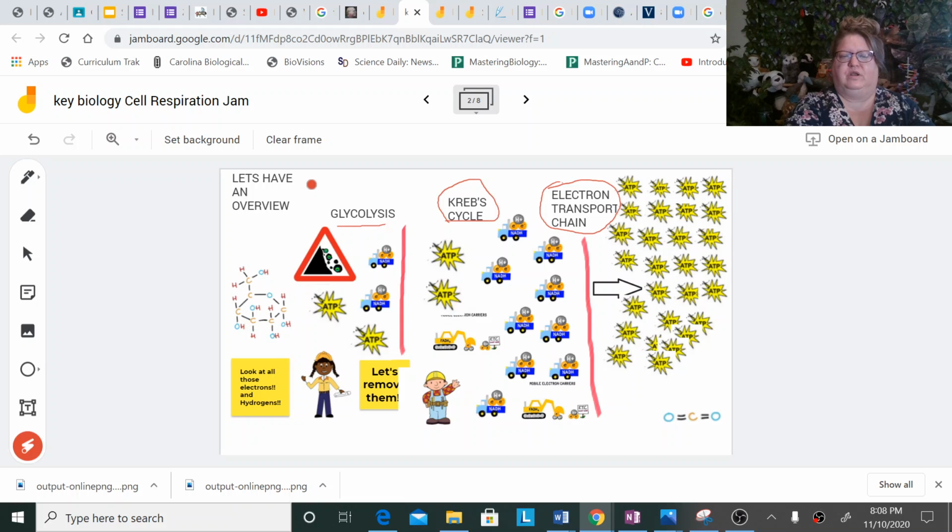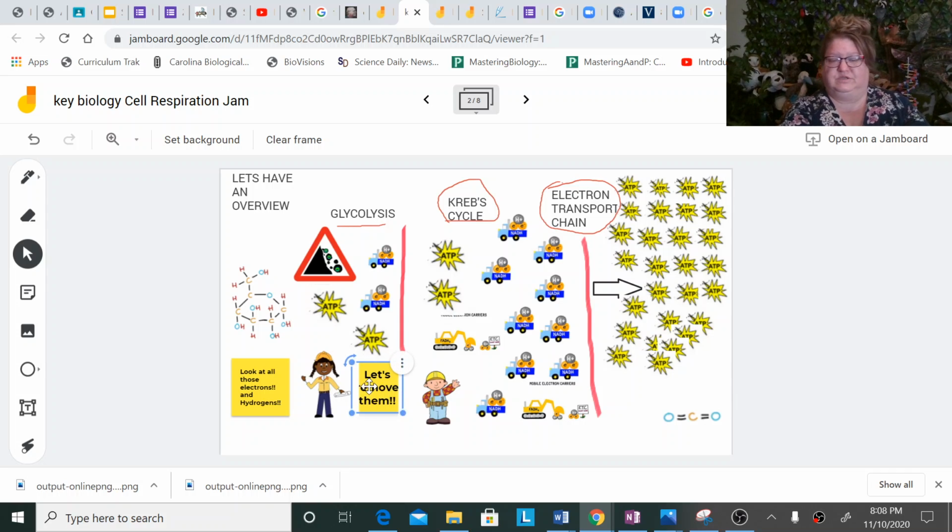And remember, what I told you is watch for those falling electrons, like watch where they go. And so I had a little fun here with my little construction workers. And you can imagine them saying, wow, look at all those electrons and hydrogens. And the other construction worker says, let's remove them, which is what we're going to do.